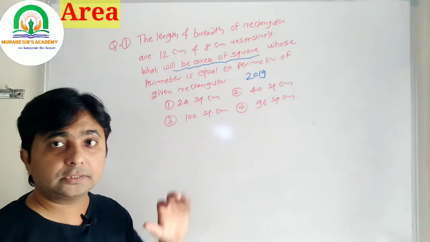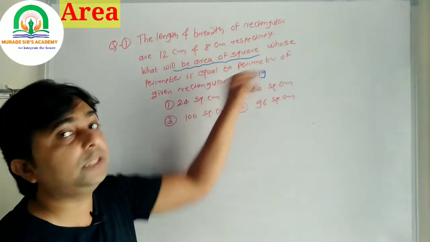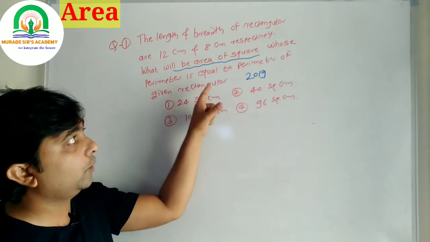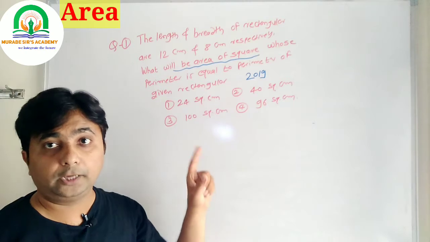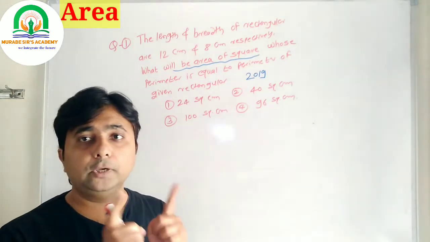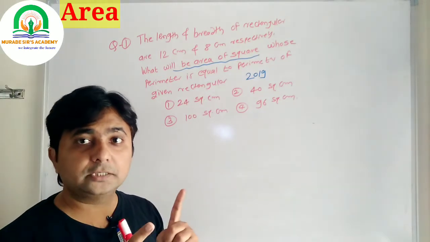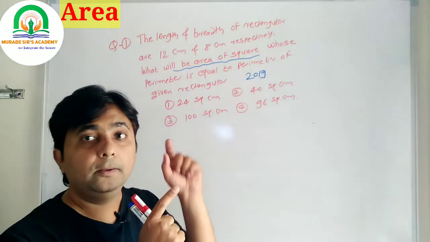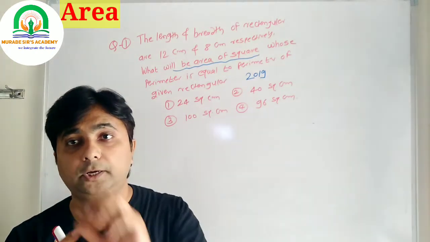They have asked for the area of the square, but they have given the information that the perimeter of the square is equal to the perimeter of the given rectangle. This is a very special question.